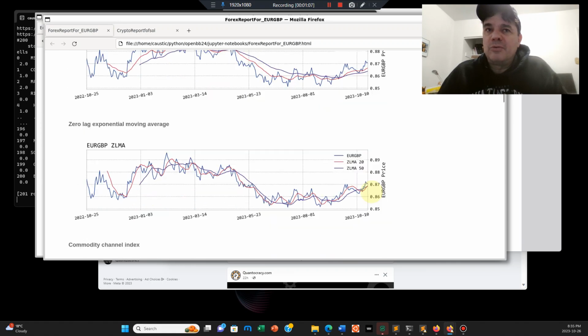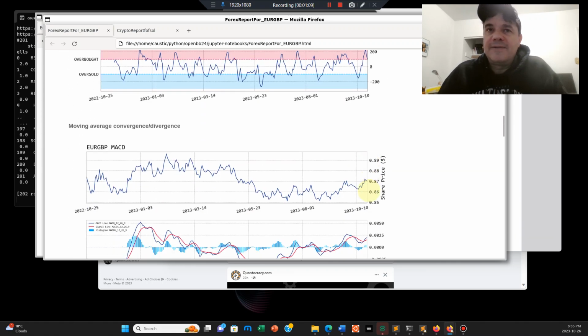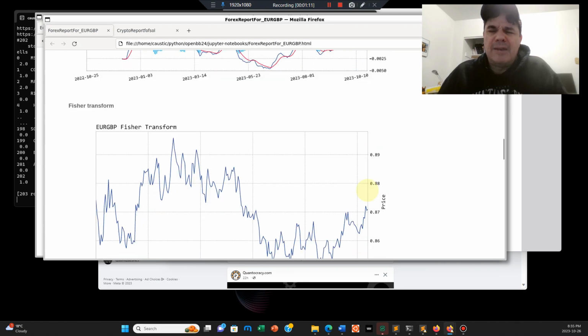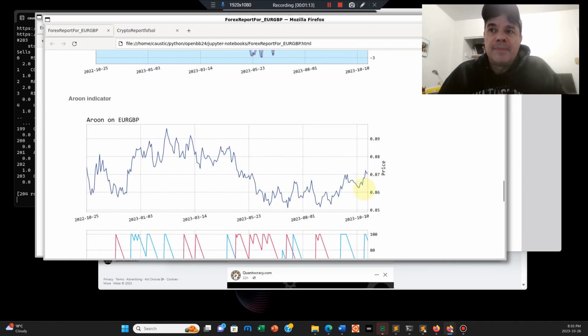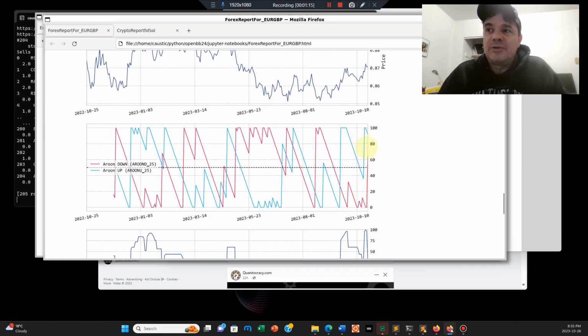Now, there's a lot of different ways to trade technically. A lot of people have their own methodologies. My personal favorite one is this one right here, the Aroon. Reason I like it is when you parallel the Aroon signals with the technical analysis, you can see here that if we have our buy signal, which is the Aroon up, you can see it started to go down just through here, and then it started to spike up.